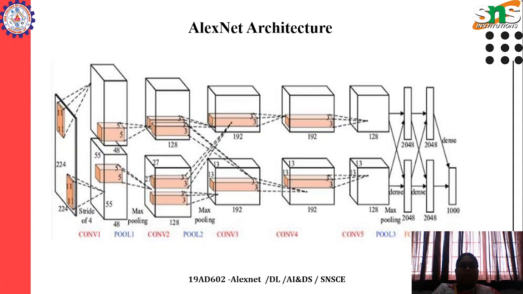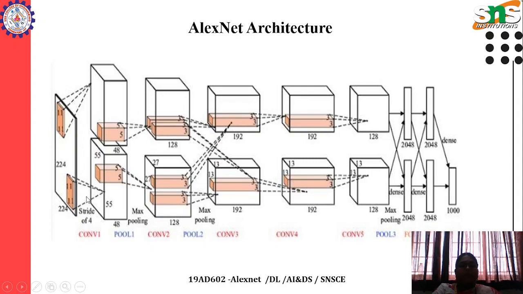You can see here this is the input side, and the softmax is going to be the output. The input goes into convolutional layer 1. It is represented here: total 224 x 224 x 3, and you can see the strides of 4, and this is convolutional layer 1.